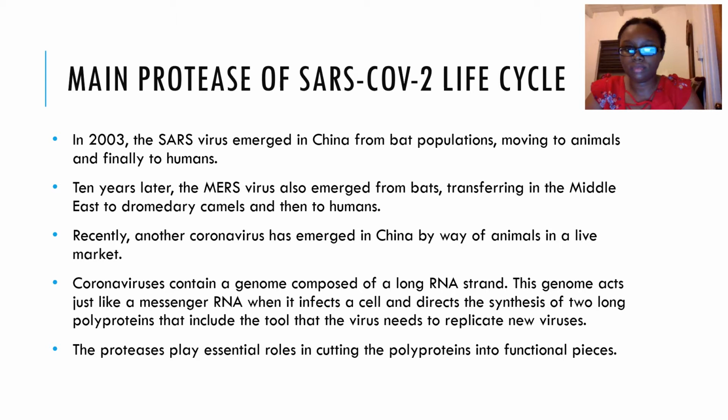These polyproteins include a replication complex and two proteases. The proteases play an important role in cutting the polyproteins into more functional pieces of cells that will continue to replicate over and over again.